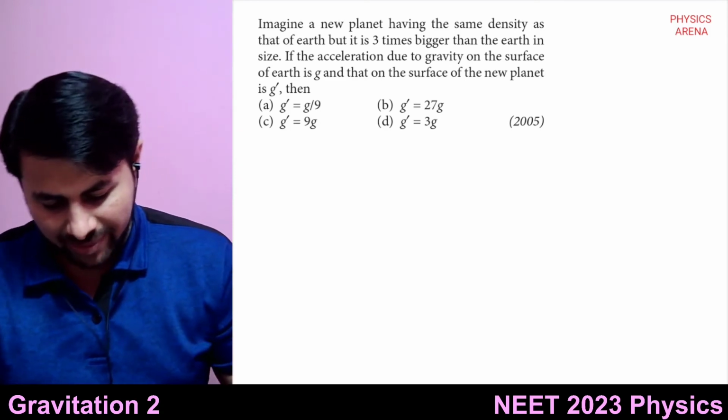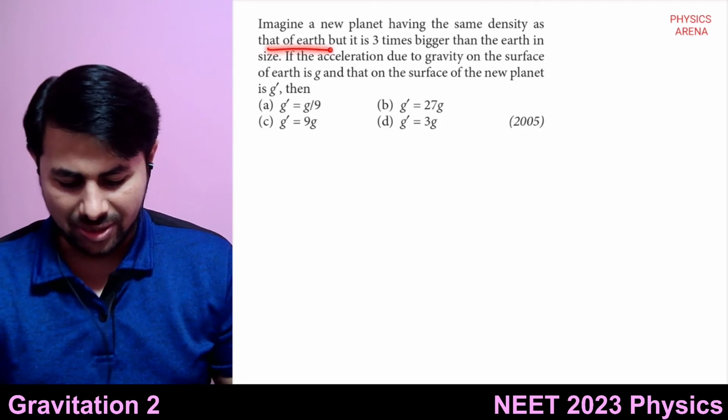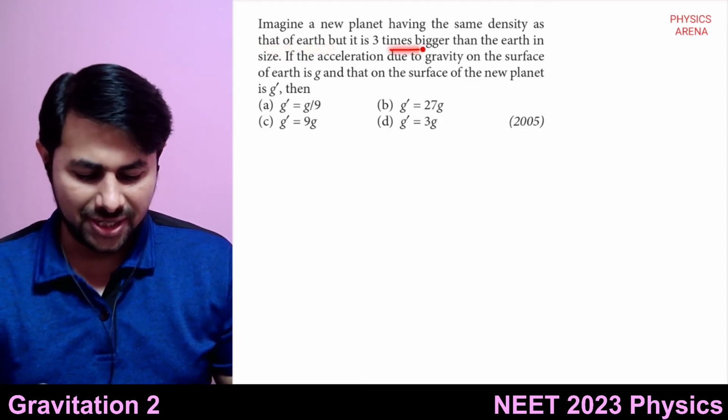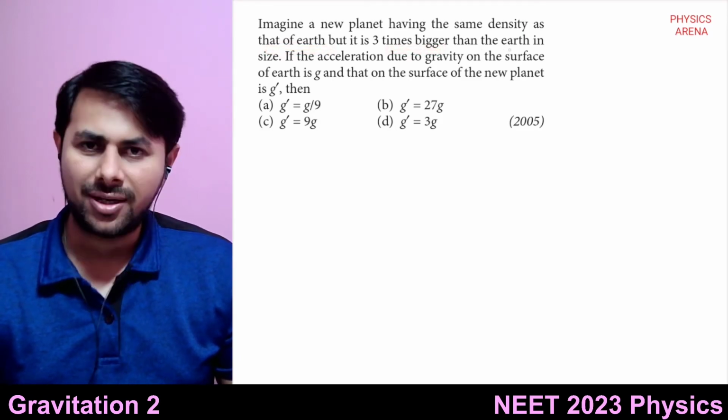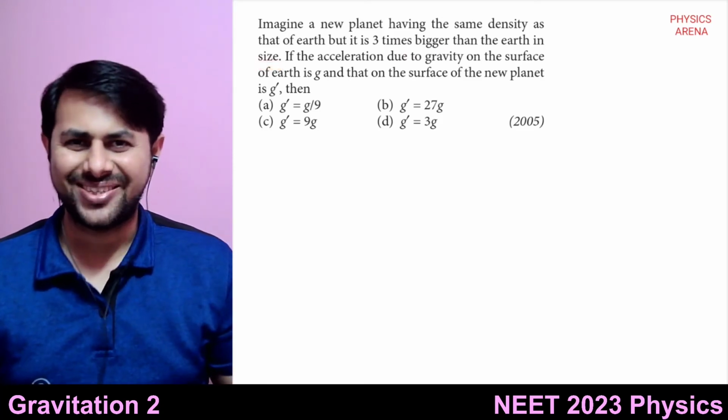Next question is, imagine a new planet having the same density as that of Earth, but it is 3 times bigger than the Earth in size. Let's imagine a new planet.